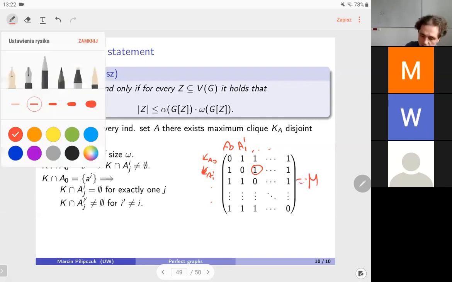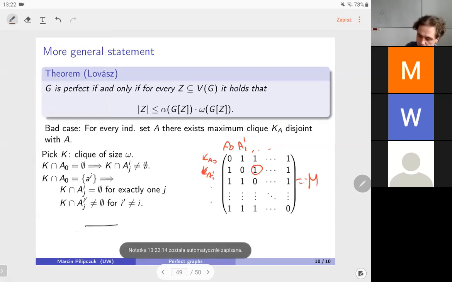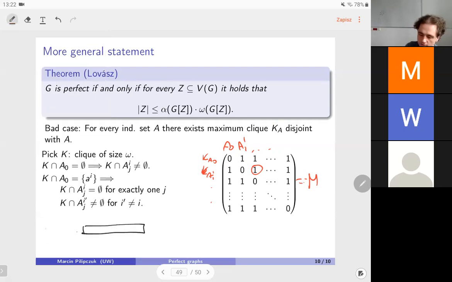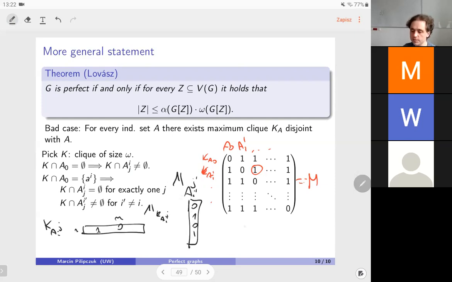Because if you look at, let's take the indicator vector for K, say A_ij. So this is a 1 times n vector, the indicator vector of which vertices are in this set. Let's call it 1_{K A_ij}. And let's take a column, A_{i'j'}, again the indicator vector for this A_{i'j'}.